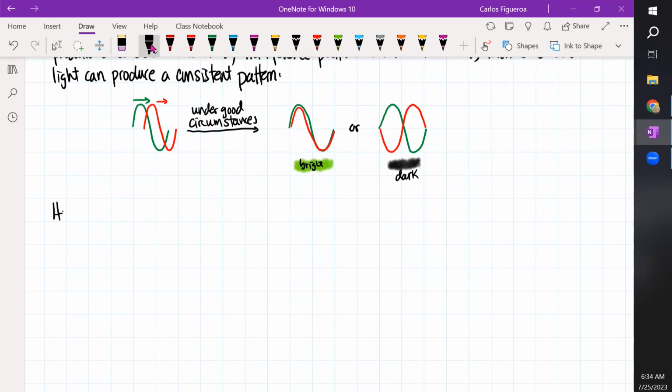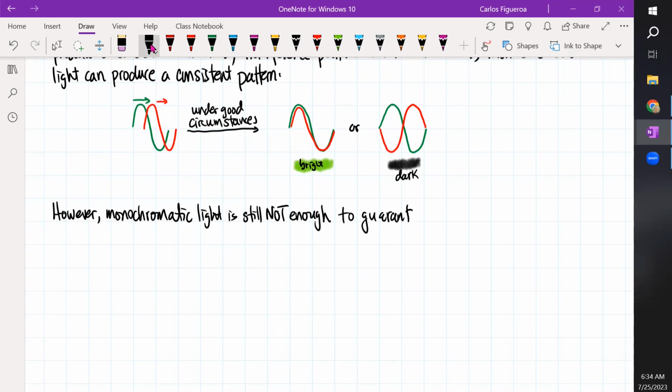However, monochromatic light is still not enough to guarantee a consistent pattern.